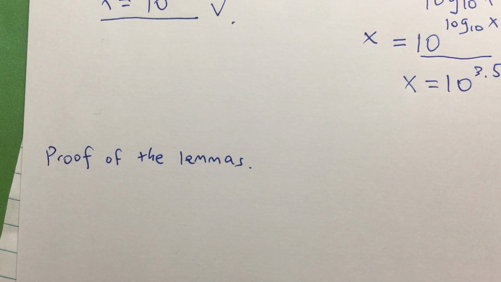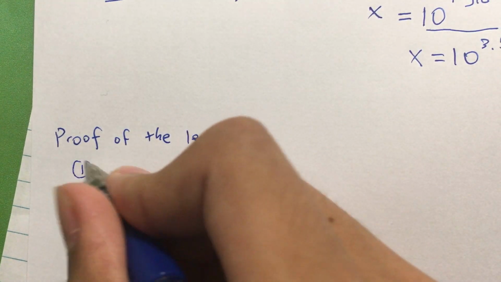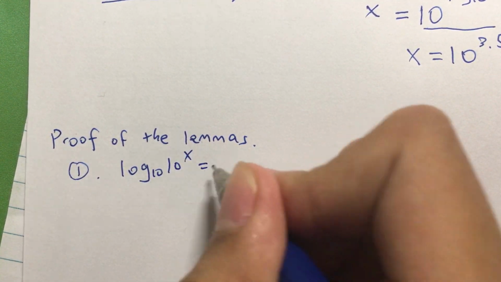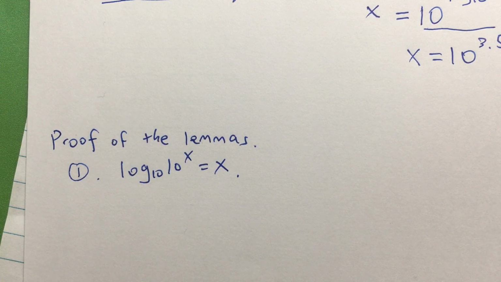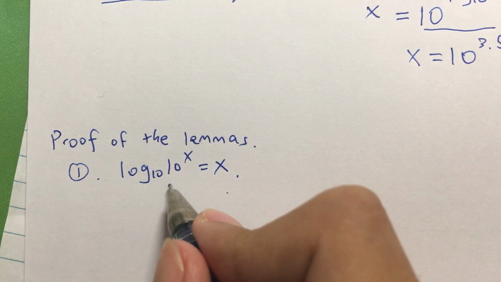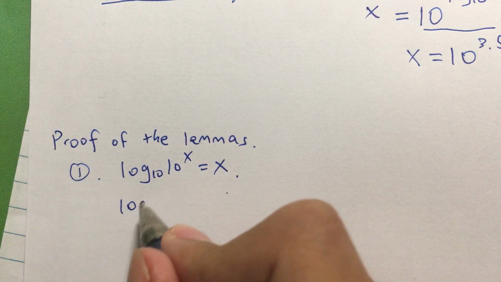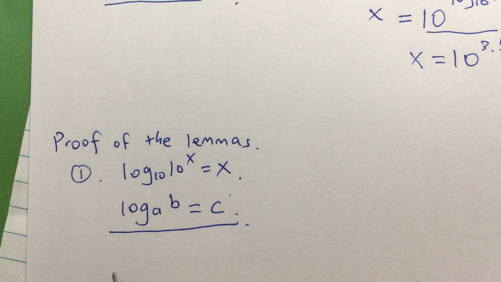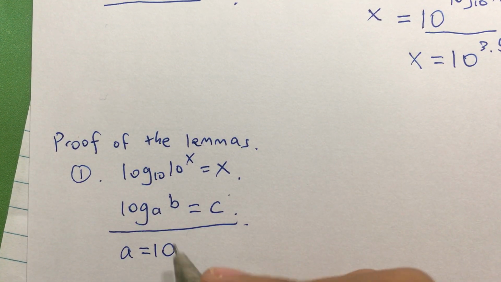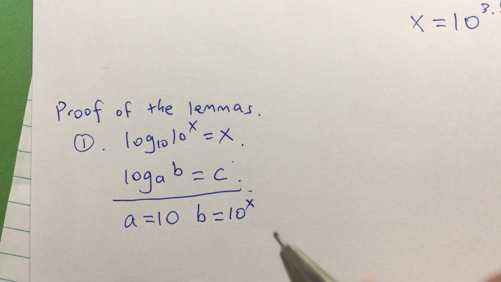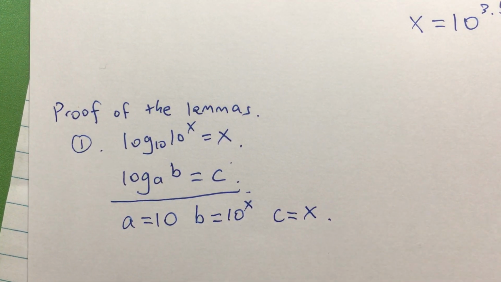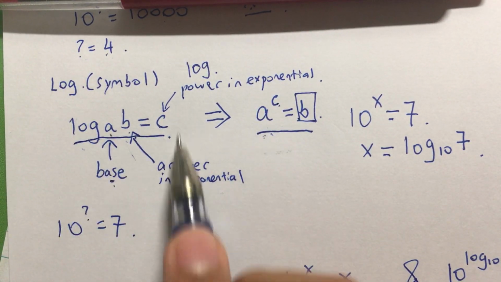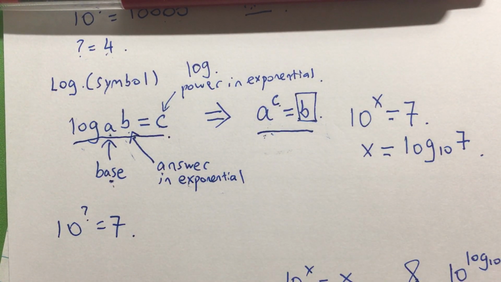Now let's prove these lemmas. The first lemma is log base 10 of 10 to the power of x equals x. This one is quite simple because we can use log base a of b equals c. Let a be our 10, b be our 10 to the power of x, and c be equal to x. From here we can see that this logarithm can change into exponential form.